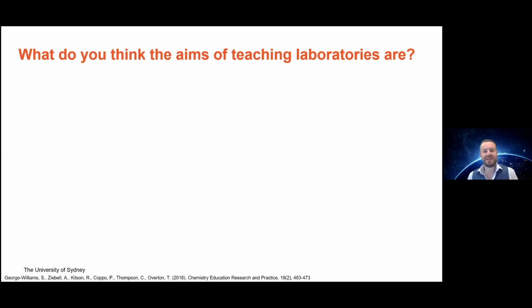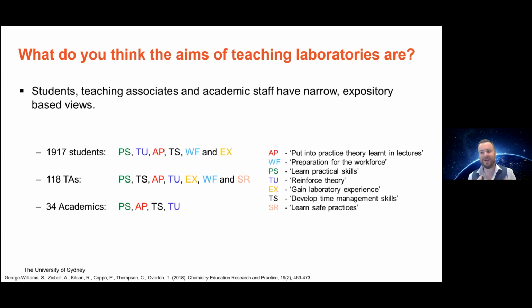It was particularly fascinating to then pull out all of those open questions and have a look at what people thought. Generally speaking, students and teaching staff, both the demonstrators and the academics, the number one thing they thought labs were about was the development of practical skills, which is good to see coming through.